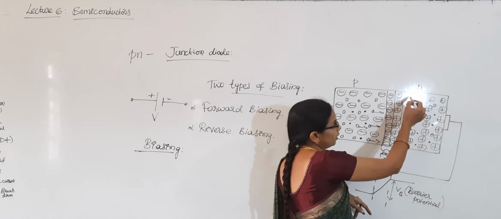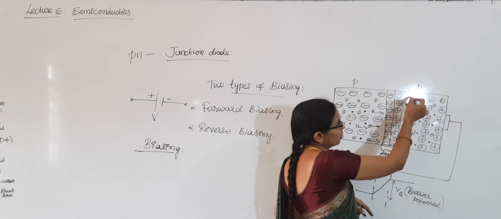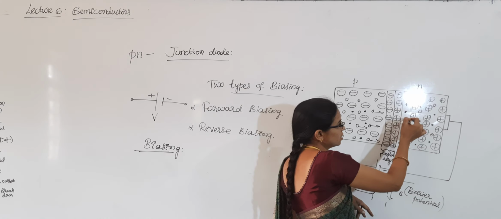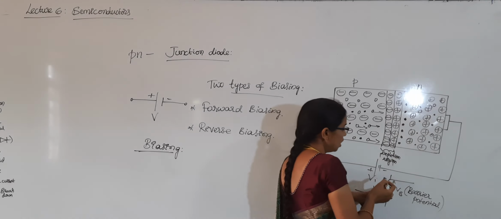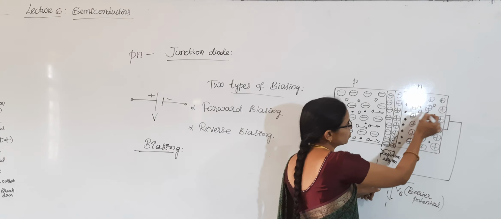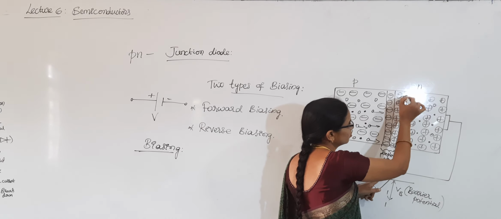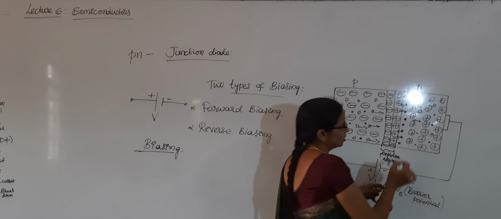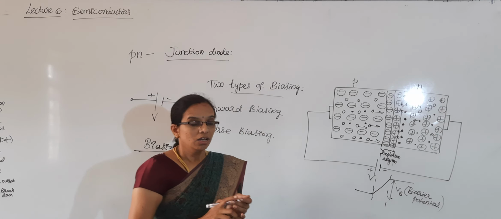Whereas the n-type material, which carries a higher concentration of electrons with negative charge, these negatively charged electrons are repelled by the negative terminal of the battery. The electrons move towards the junction.